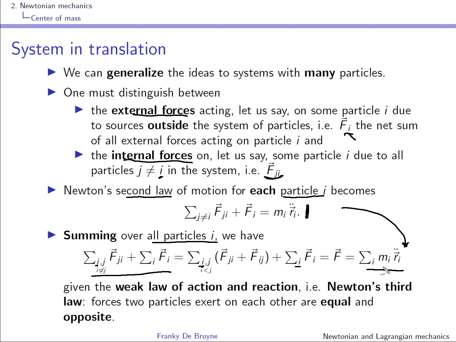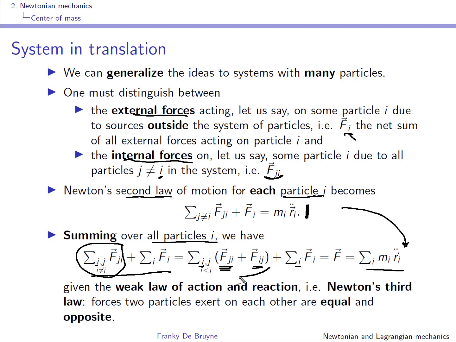Okay, so this we can write a little bit differently by saying, well, we'll take j not only different from i but smaller than i. So of course you have this term coming from here, but then, if you write things like that, the other force Fij comes into play, right?